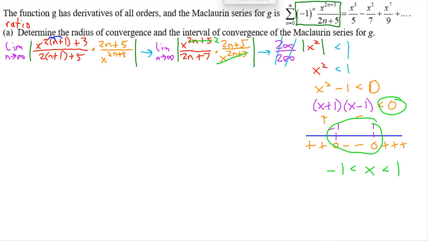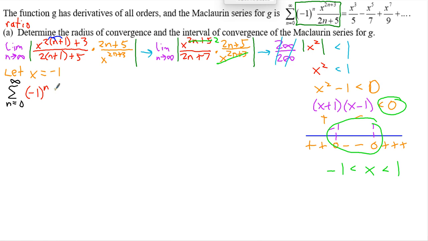All right, so let's first plug in negative 1 for x. So let x equal negative 1. So the sum from n equals 0 to infinity, and then plug in negative 1 there. So we'll have negative 1 to the n, and then plug in negative 1 right there for x.